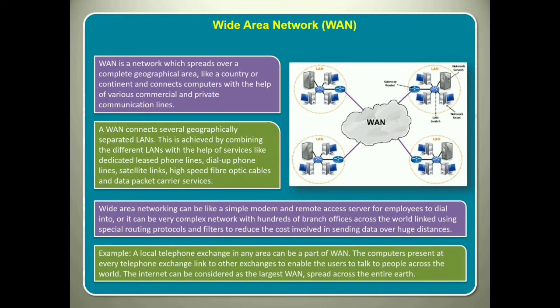For example, a local telephone exchange in your area can be a part of WAN. The computers present at every telephone exchange link to other exchanges to enable you to talk to people across the world. The Internet can be considered as the largest WAN spread across the entire Earth.